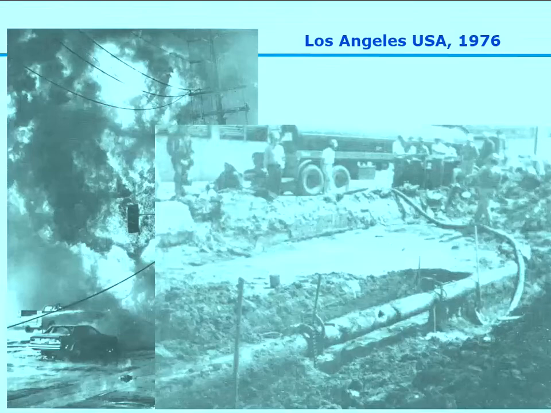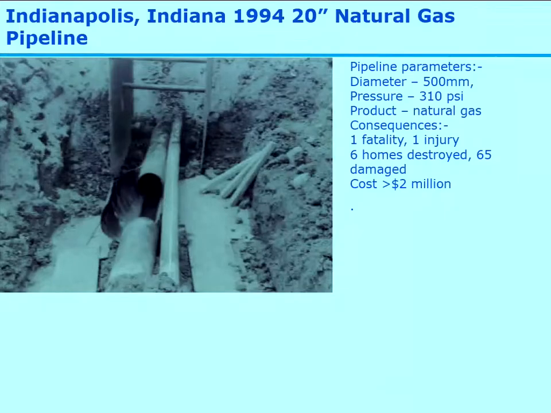This is an example of a sort of event which has become more common in recent years. Basically, a distribution pipeline has been installed right next to a transmission pipeline, and the transmission pipeline was actually reduced in pressure while the work was going on, but it was damaged during the work.